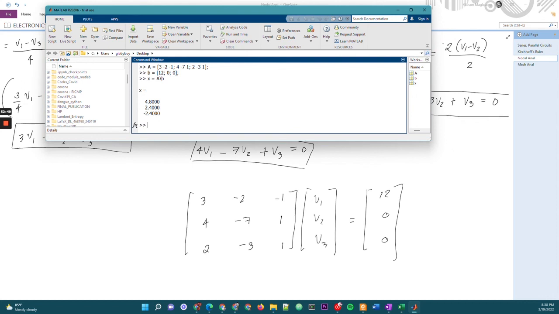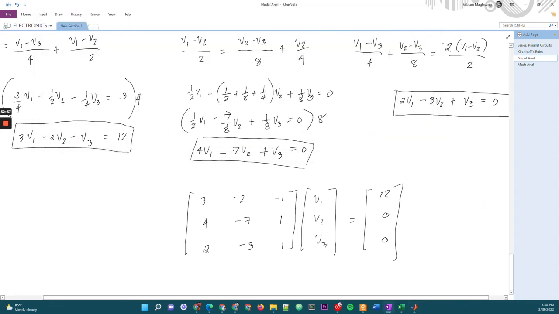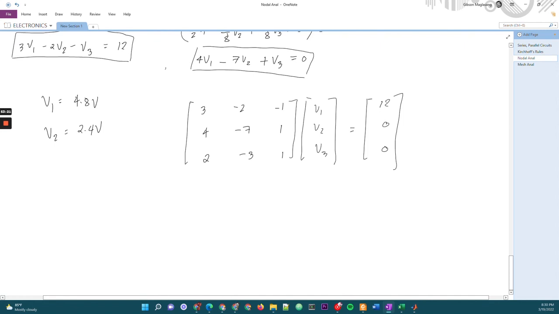We have V1 is 4.8, V2 is 2.4, and V3 is negative 2.4 volts.